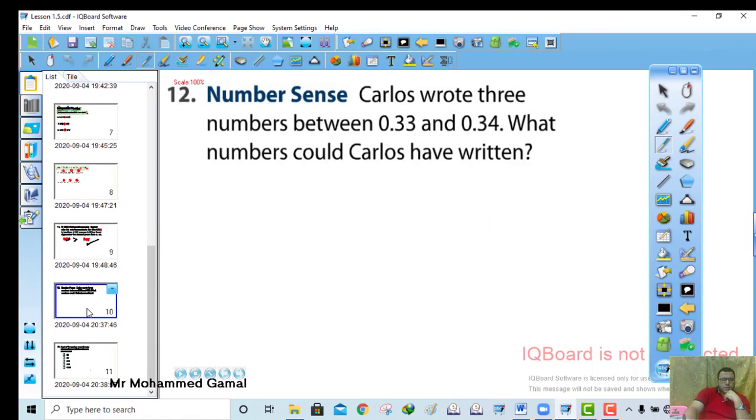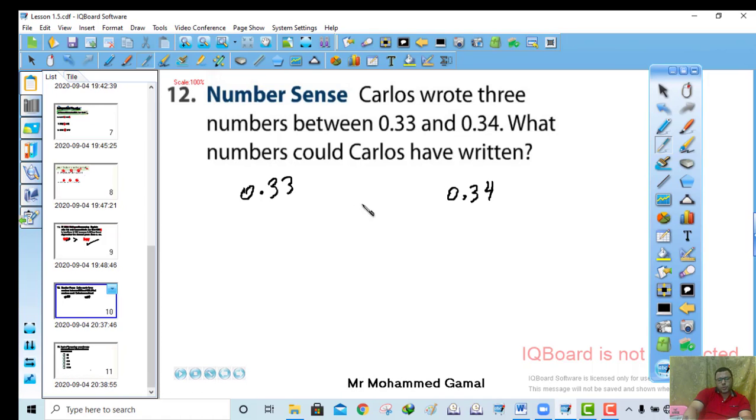Next question, question 12. Carlos wrote 3 numbers between 33 hundredths and 34 hundredths. What numbers could Carlos have written? Actually, we studied before something called equivalent decimals. Maybe a student will tell me, teacher, here there is 0.33 and here there is 0.34, there is nothing between them.